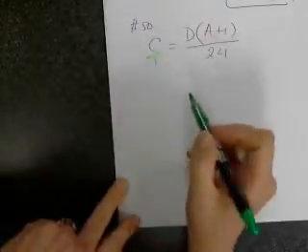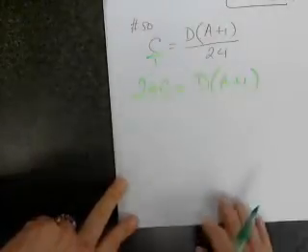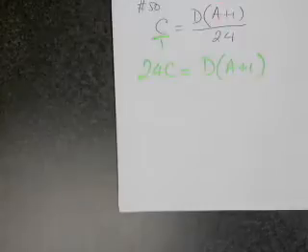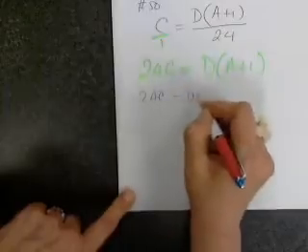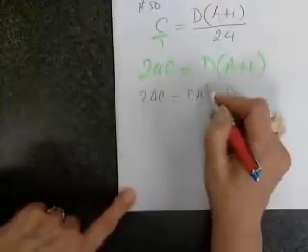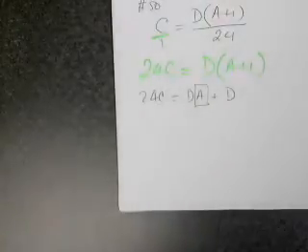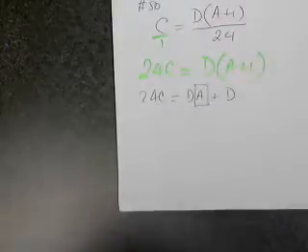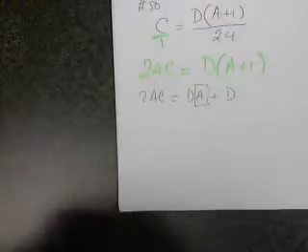Cross multiply. So 24C equals D, in parentheses, A plus 1. What next? Yes, 24C equals DA plus D. We're still solving for A. Wouldn't it be simpler just to divide by 8? You can. Yes. Absolutely. So what now?